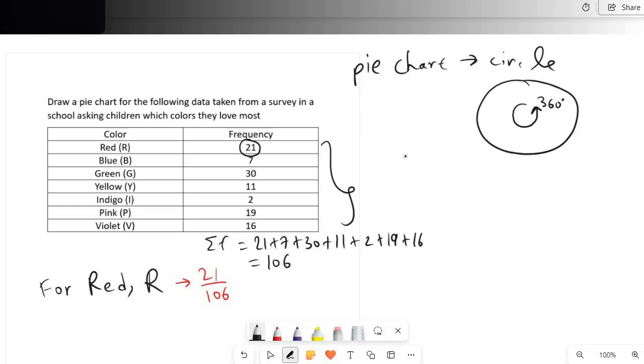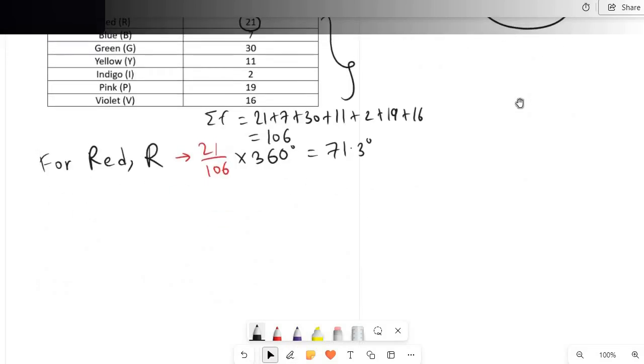And because the total angle at the center of a circle is 360 degrees, we evaluate the angle by multiplying this ratio with 360 degrees, and this gives us a value of 71.3 degrees.